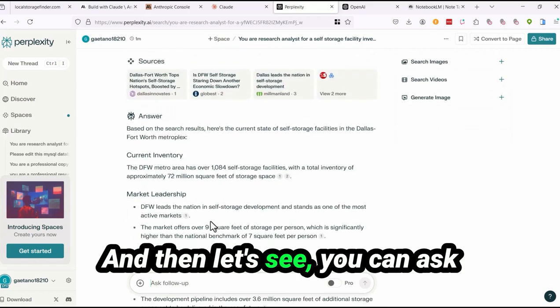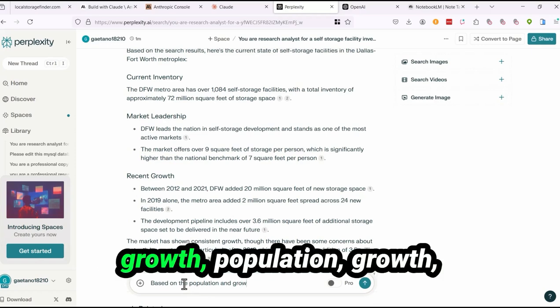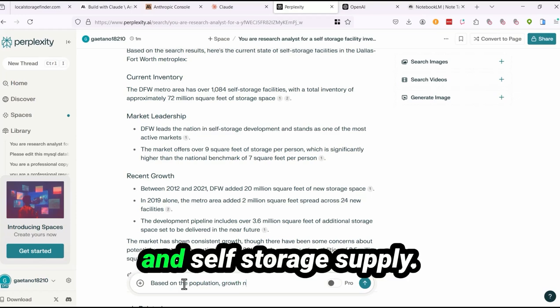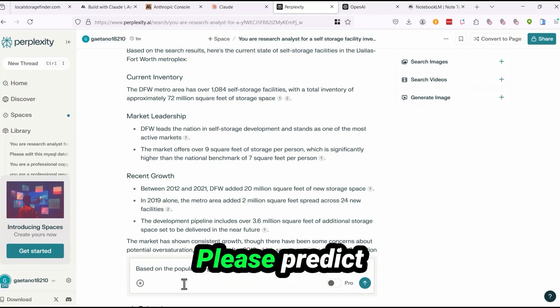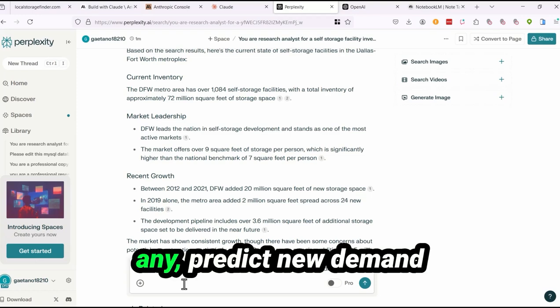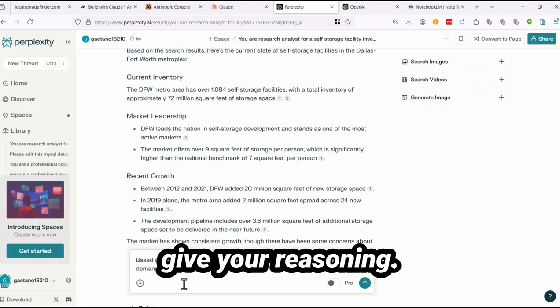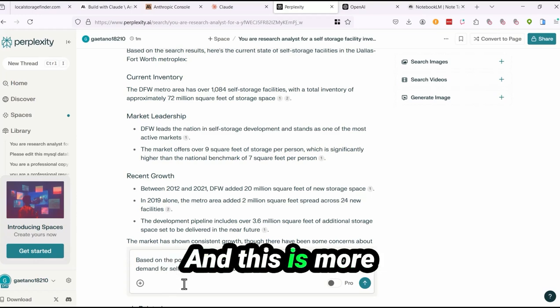And then let's see, you can ask it based on the population and growth, self-storage supply, predict new demand for self-storage, and give your reasons.